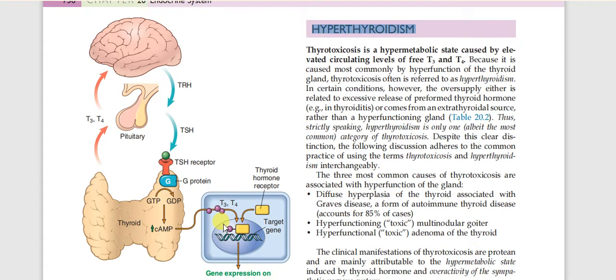We used to think that the receptor is present on the surface of the cell membrane, but receptors for thyroid hormones are present in the nucleus, and it's a floating protein. Activation of this thyroid hormone receptor in the nucleus causes the activation of target genes.